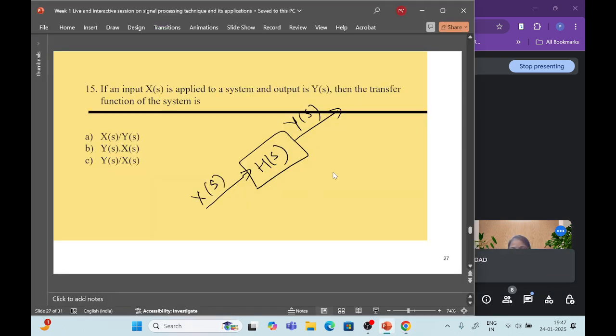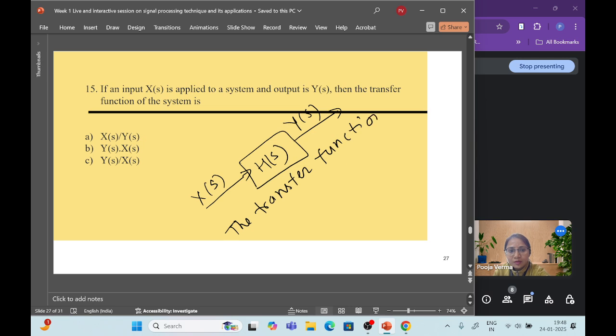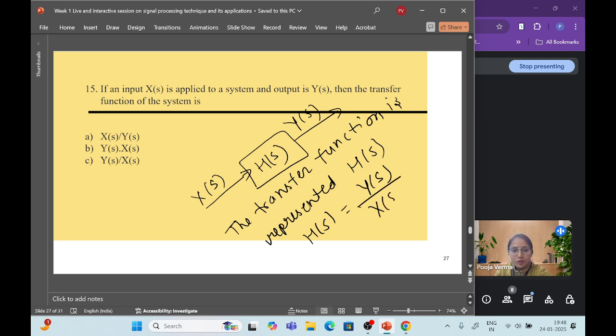Just remember, the transfer function is represented by h of s, and h of s is the ratio of Laplace transform of the output signal to the input signal.